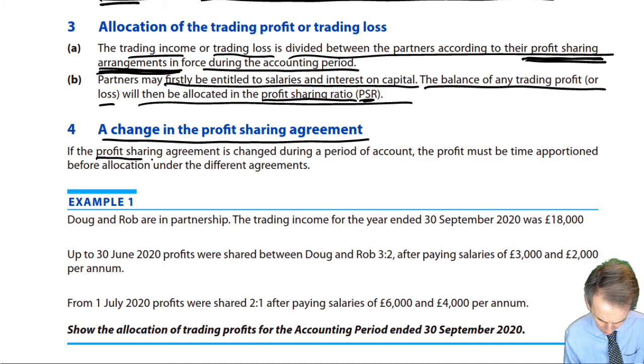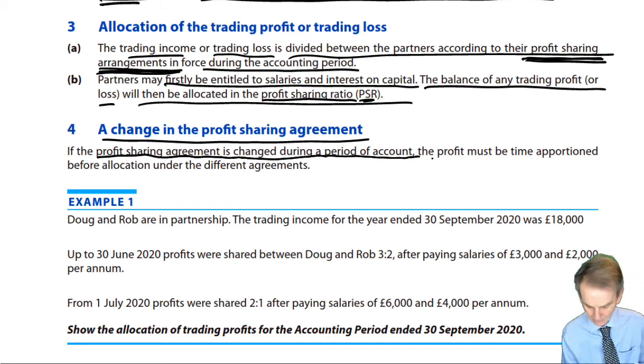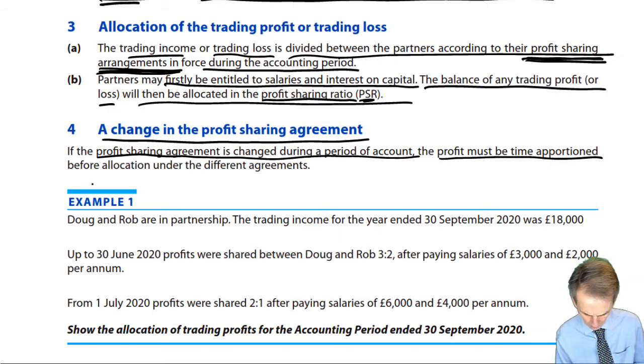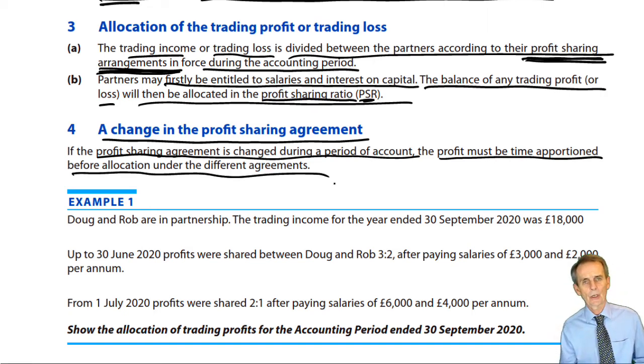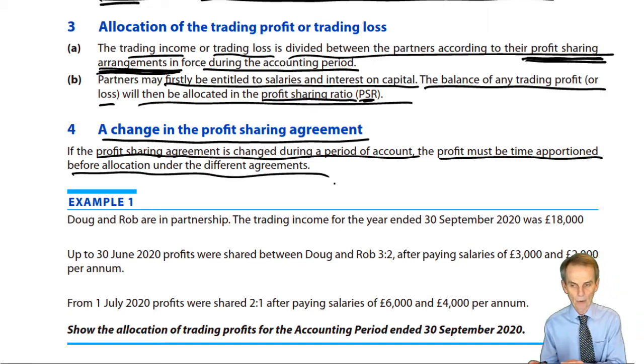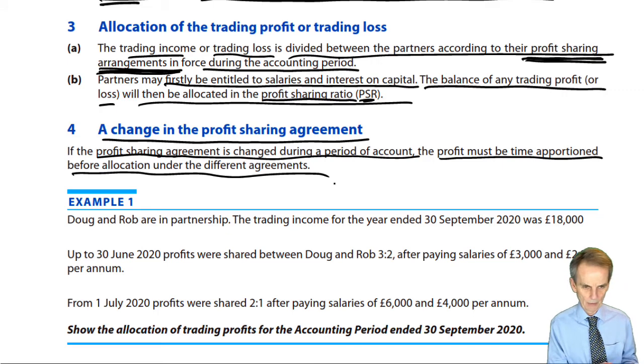So if that profit sharing agreement is changed during the particular period of account, the accounting period of the business, then the profit must be time apportioned before allocation under the different agreements. So how many months' worth of that profit under the old agreement? How many months of that profit under the new agreement?